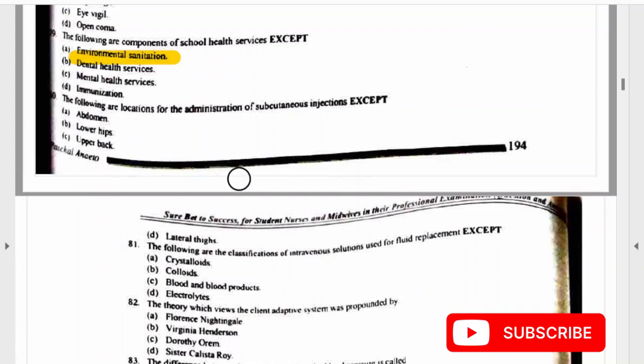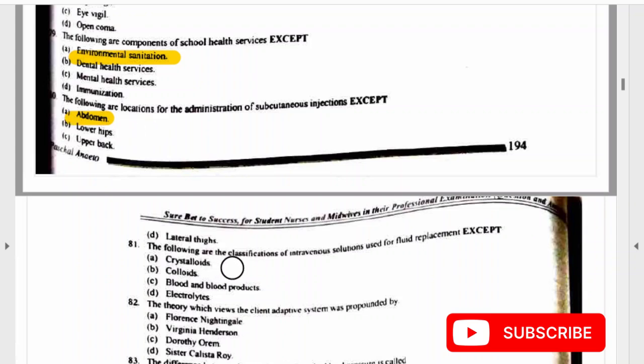But if we are to pick the most common ones, we know that B, C, and D are most common. So abdomen should be the answer in this case. Please note that the question may seem wrong when you analyze the options very well, but abdomen is not a most common site of subcutaneous injection. So we'll go for abdomen.